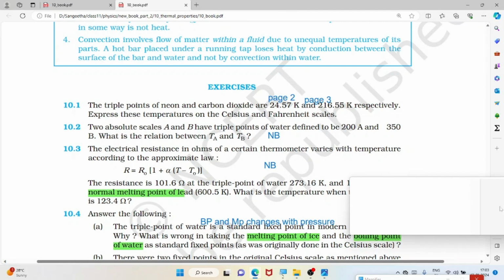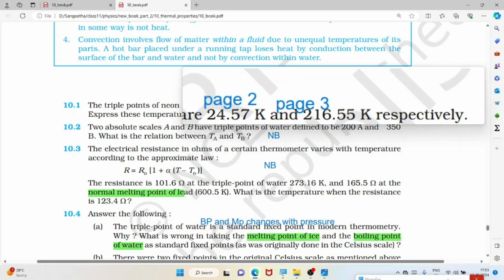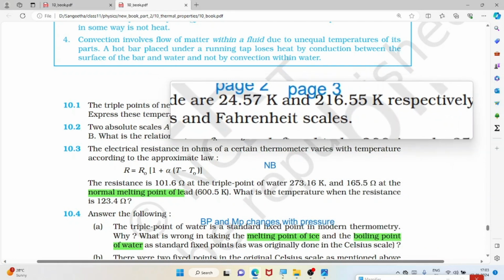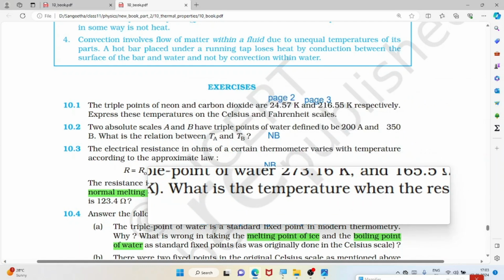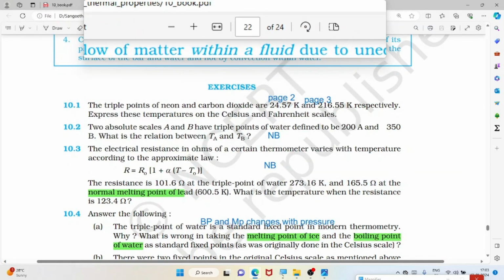Okay, the triple points of neon and carbon dioxide are this, and 24.57216 Kelvin respectively. Express these temperatures on the Celsius and Fahrenheit scale. These are given in the absolute scale. We have to convert into Celsius and Fahrenheit using the formulas on page 2 and 3.